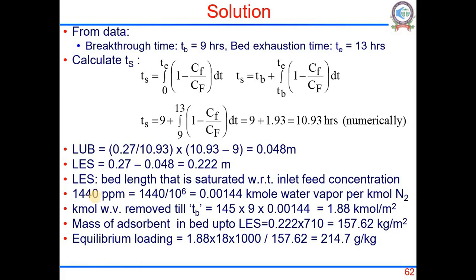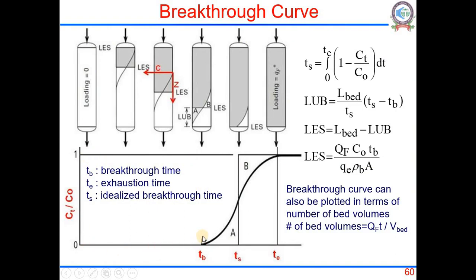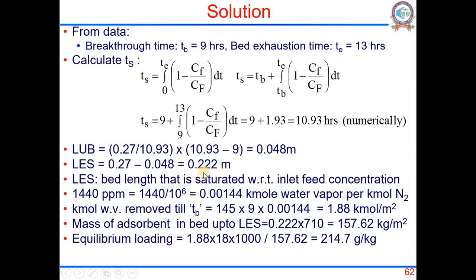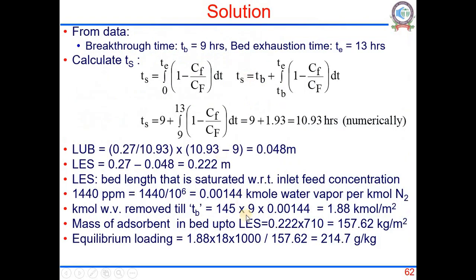Since 1440 is very small, we can think in terms of 1440 divided by 10 raised to 6, 1 million, as 0.00144 kilomoles of water vapor per kilomole of nitrogen. So the kilomoles of water vapor removed from the incoming nitrogen till time TB would be 145, the molar flow rate, multiplied by 9 hours multiplied by 0.00144.